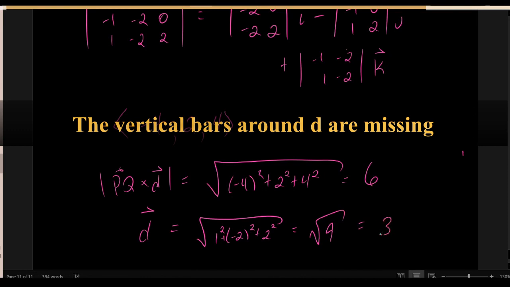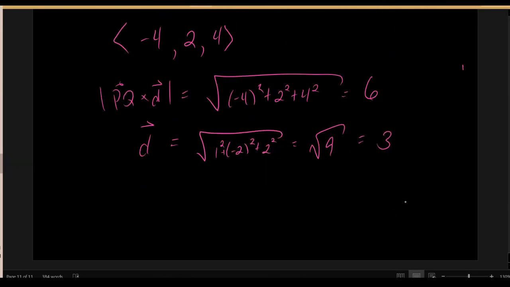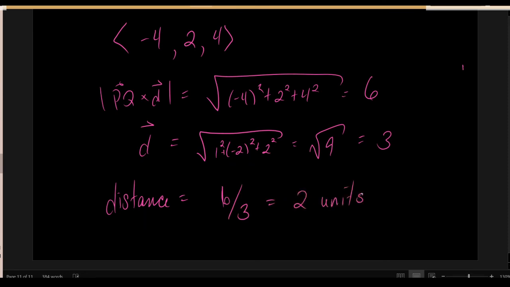So wow, that's actually also a whole number. Incredible. You can tell that this really was a test question because the answer has worked out to be something incredibly nice. Usually my test questions are not this kind. The distance is equal to 6 divided by 3, which is simply 2 units.